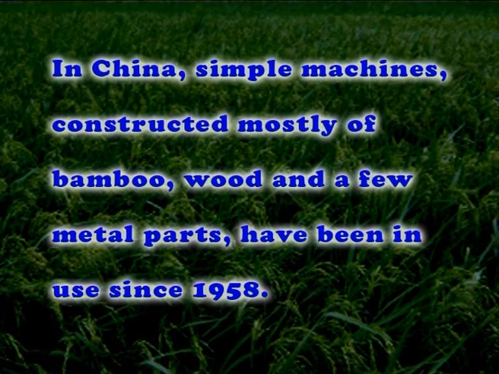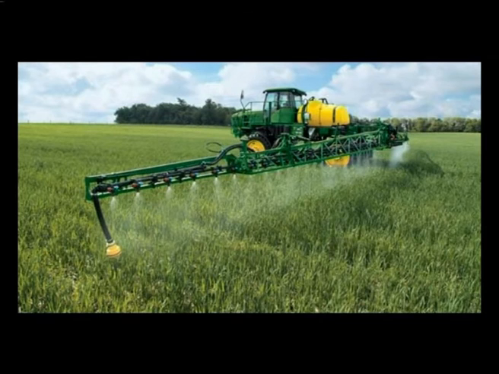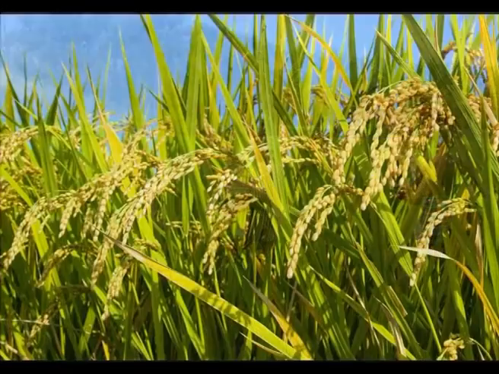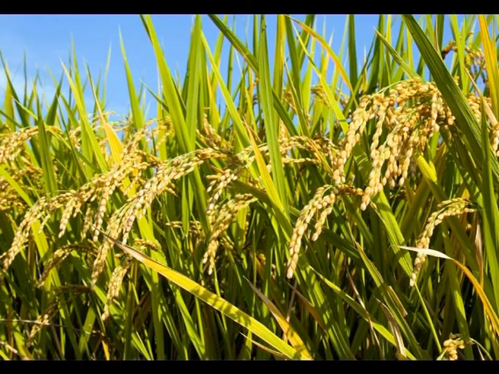In China, simple machines constructed mostly of bamboo, wood and few metal parts have been in use since 1958. The machines under normal conditions do 20 times the amount of work of the hand planter, thus greatly shortening the time needed to plant the rice crop.